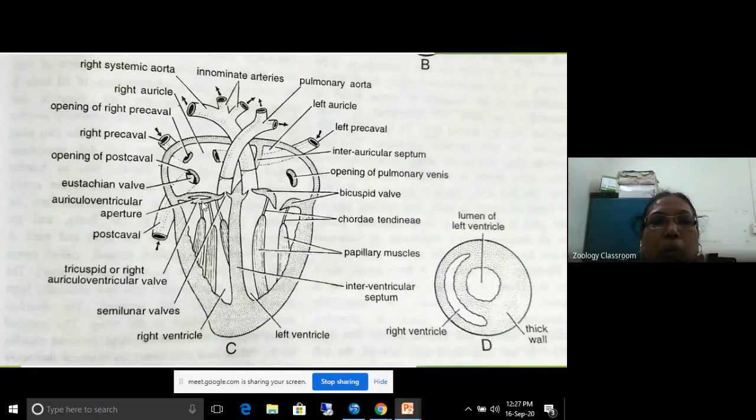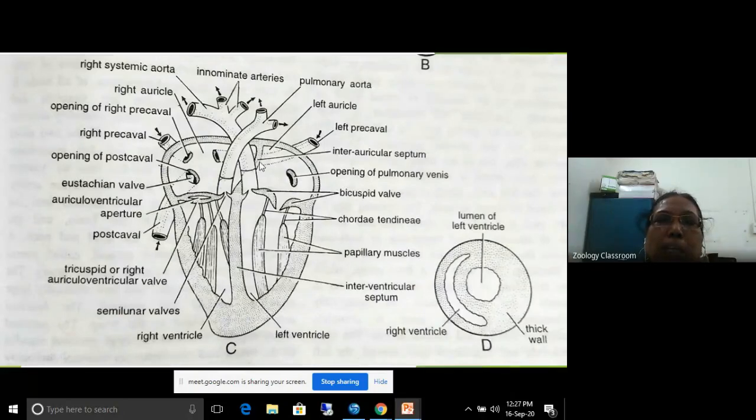Then this auricle opens into the ventricle through the auriculoventricular aperture guarded by a valve. It is called the tricuspid valve or auriculoventricular valve. Then between the auricles there is a partition called the interauricular septum.